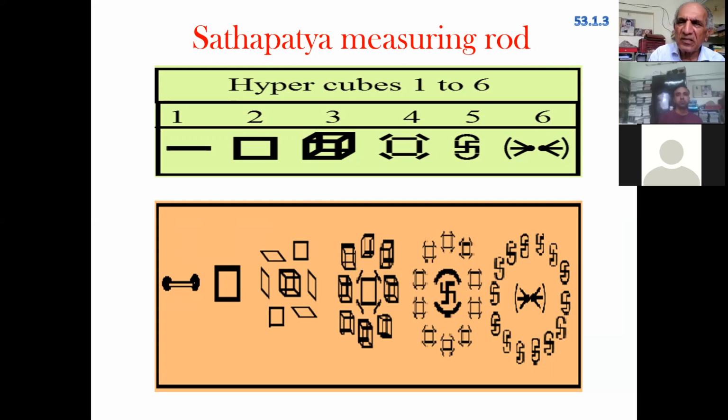Therefore, sadhakas fulfilled with intensity of efforts to be parallel with Vedic systems have to acquaint well with these six distinct synthetic components of a Sthapatya miring rod. We can formally define Sthapatya miring rod as a synthetic setup of hypercubes 1 to 6, the representative regular bodies of 1 to 6 space within 4 space manifesting as fourfold bodies.